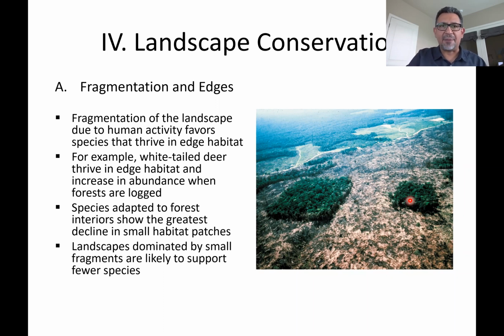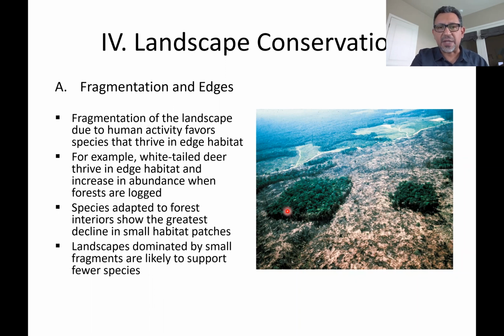One of the things that happens with regards to the disturbance of habitat and using land for agricultural purposes or for urban development is that it's always going to end up forming little patches of land. Here you can see tropical forest and how, because of the clearing of the trees, it has produced some small patches.